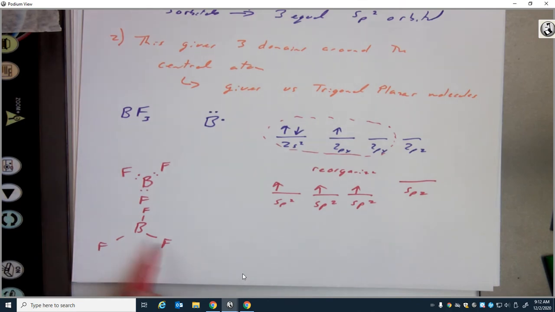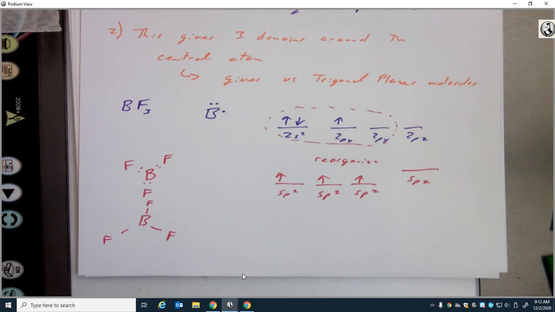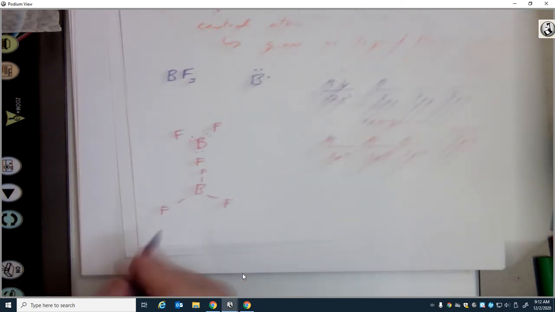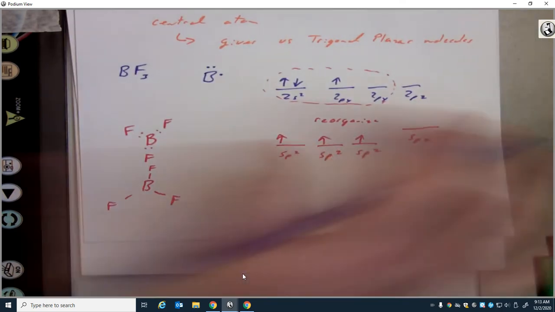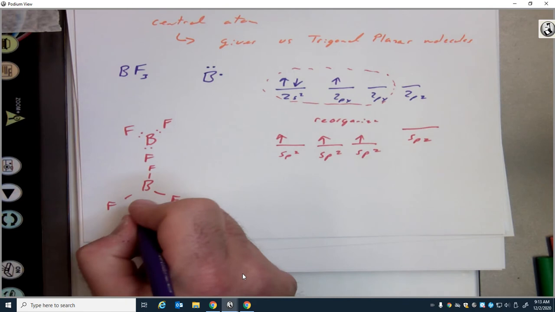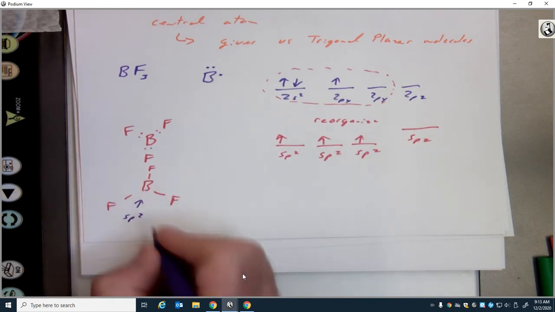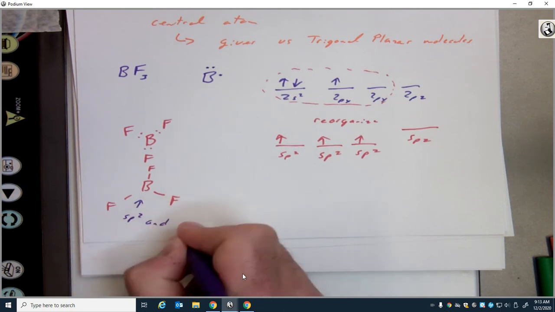Now, if we look at this bond specifically, what orbitals are overlapping? Okay, so the electrons here are being shared between an sp2 and a 2pz.